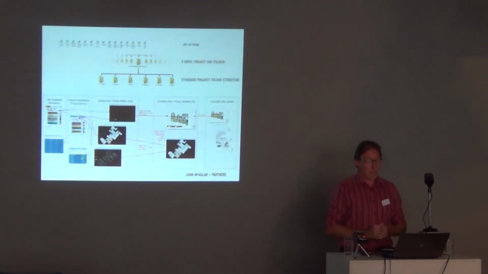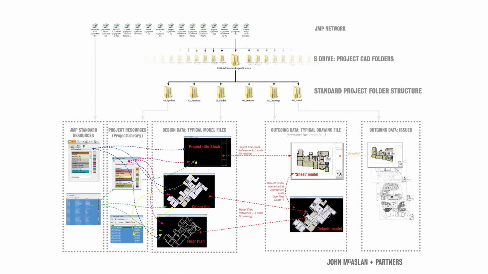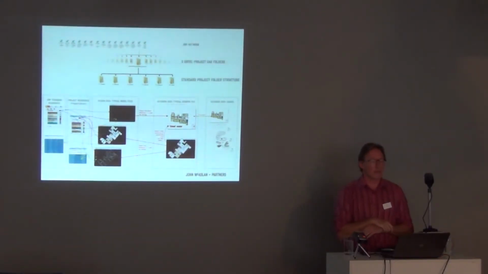Okay. And the key important thing about this, I think, is that we've got something called an outgoing area. And what that is, is a snapshot of the project at a time. So anytime you see a drawing pinned on the wall, that's a snapshot of a particular piece of data.